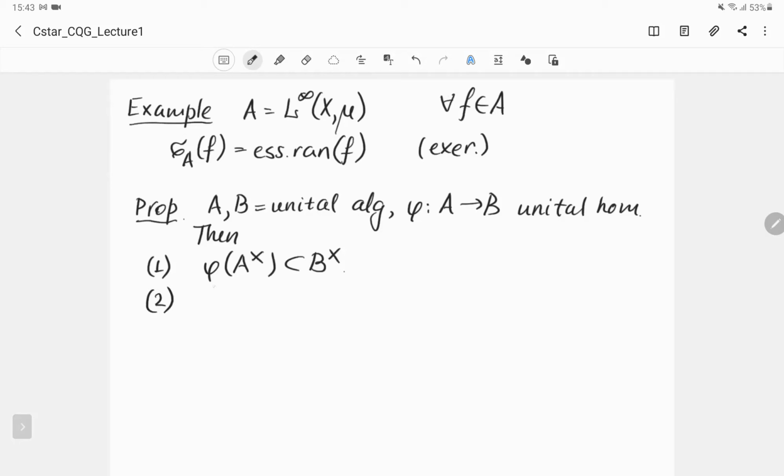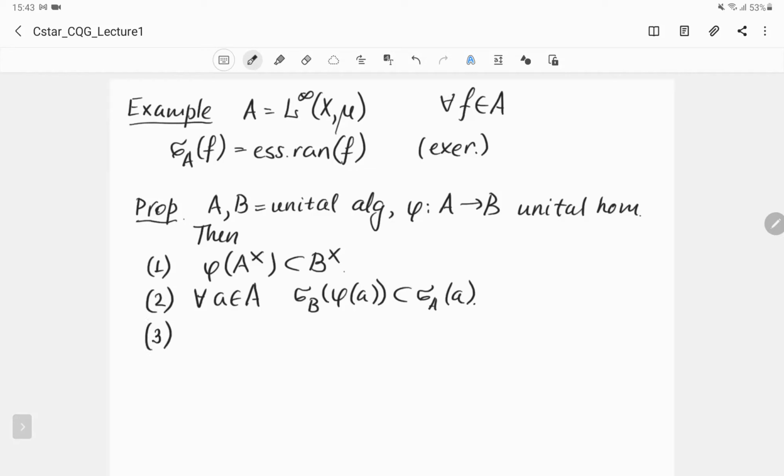This readily implies that for each element little a of the algebra A, the spectrum of its image, phi of a, is contained in the spectrum of a. And sometimes some important homomorphisms preserve the spectrum in the sense that these two sets are the same.